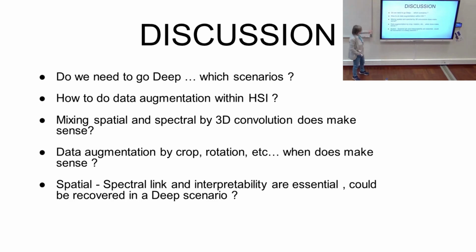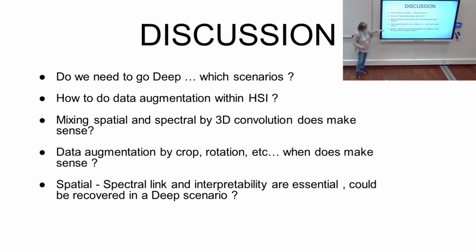Okay. So this was my previous question, and also this: if you do data augmentation in a standard way, by cropping, rotating, translating, does it make sense with hyperspectral images? I don't know.